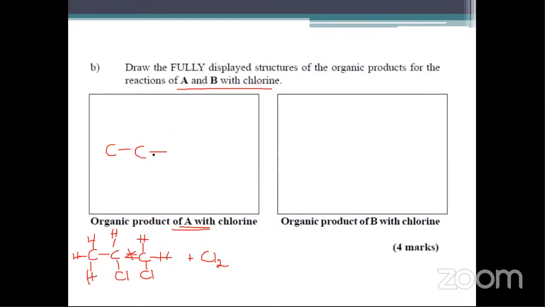You have the double bond, so it's going to be broken, and you have a single bond here and a single bond here. You have all of your hydrogens, like normal. And then across the double bond, you will have the two chlorine atoms forming, right? So that's the first product.